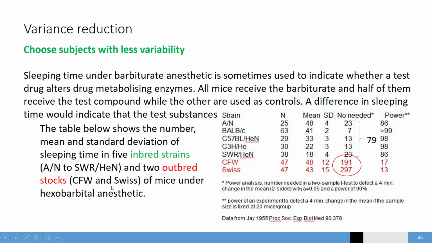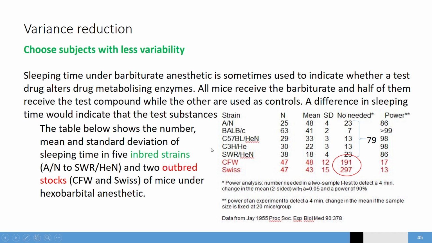Okay, so let's look at this experiment. The point here was they were analyzing the time that animals took to recover from anesthesia. Because different strains metabolize the anesthesia in different ways, they have different recovery times.